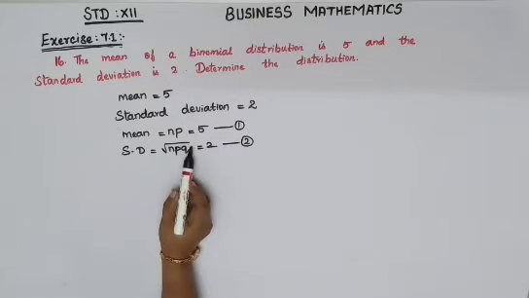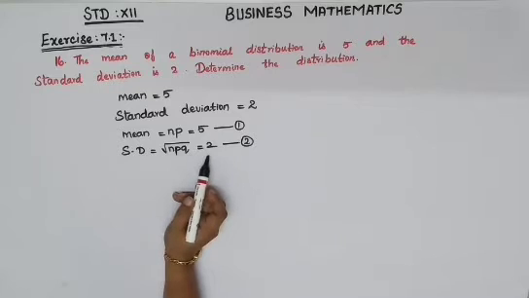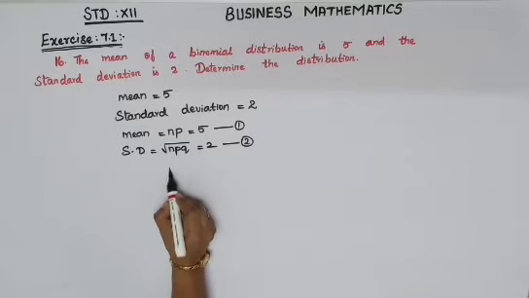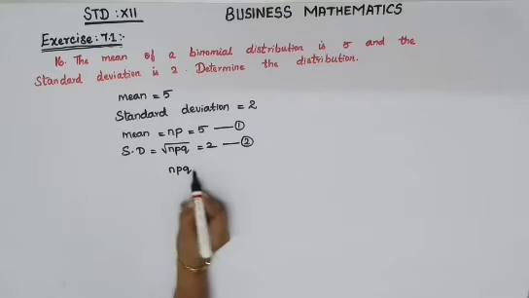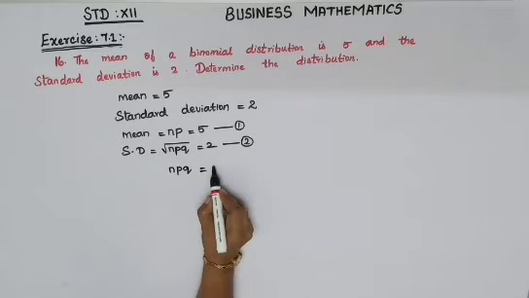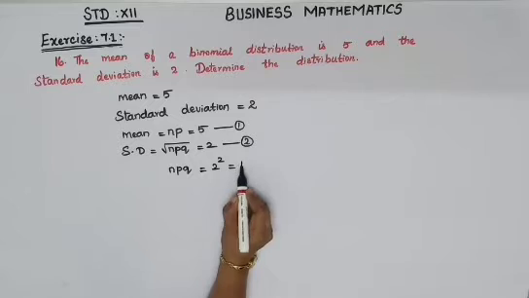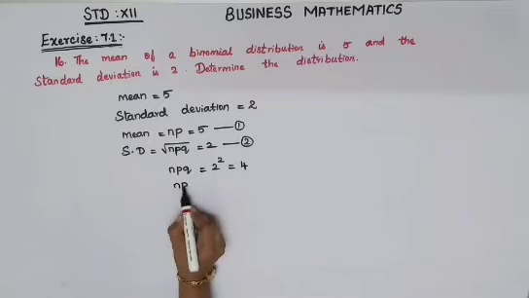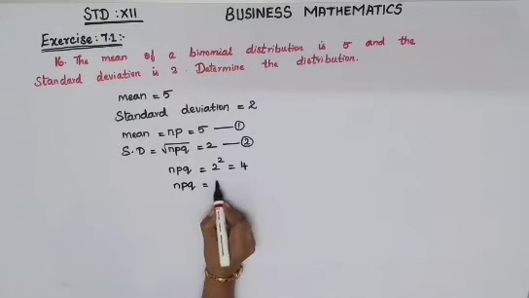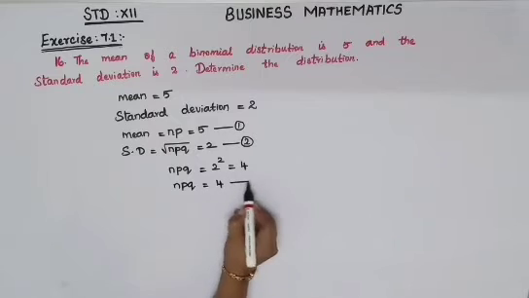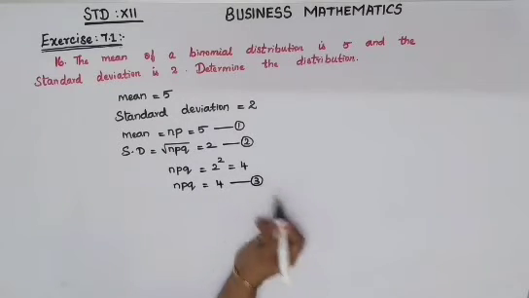To remove the root, we'll just square equation 2. So we'll get npq is equal to 2 squared, which is equal to 4. So npq is equal to 4. We'll mark this as equation 3.